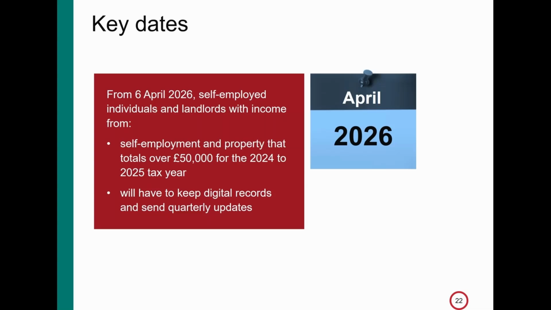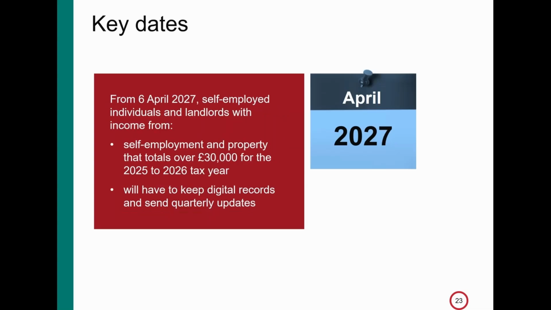From the 6th of April 2027, those with income that totals over £30,000 for the 2025 to 2026 tax year will have to do the same, for the 2027 to 2028 tax return onwards.